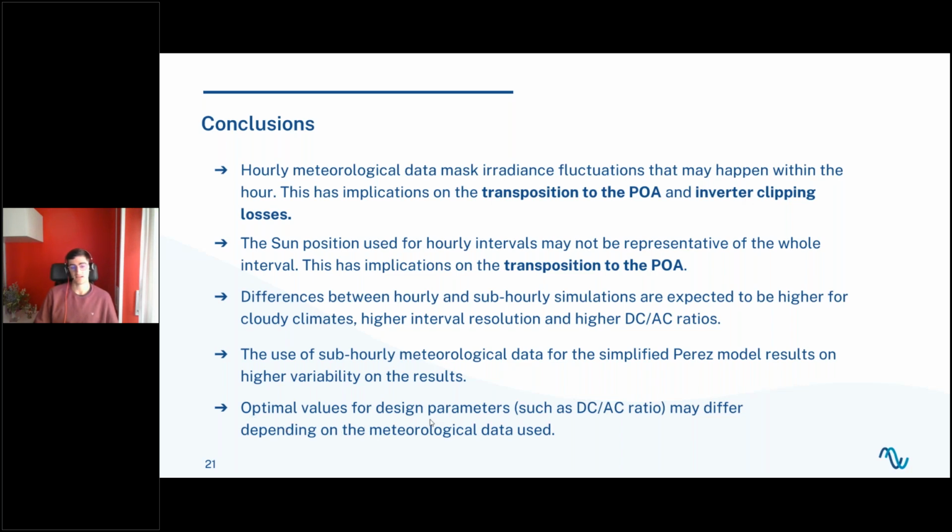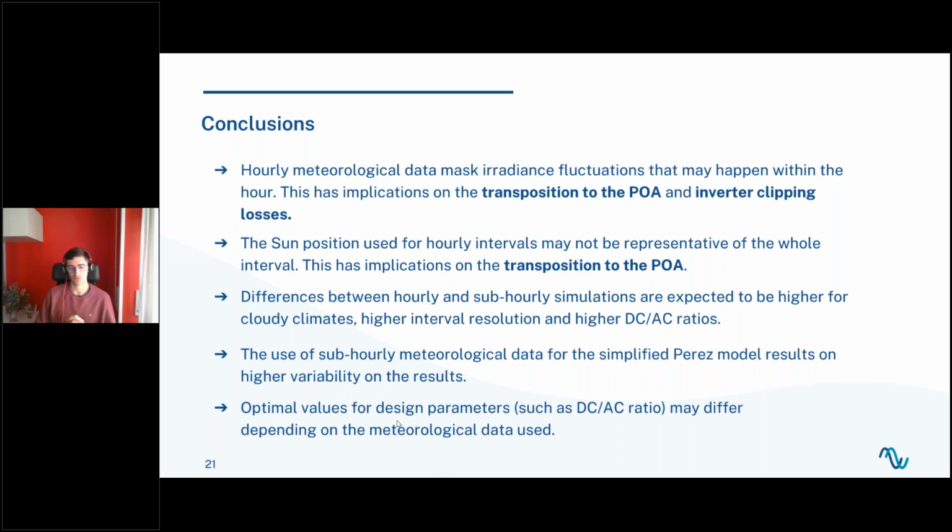And lastly, that there will be some optimal values for the design parameters, such as the DC-AC ratio, that may differ. The optimal value that we get may differ depending on the meteorological data used. If we are calculating the optimal DC-AC ratio with sub-hourly simulations, we may get a lower value than if we calculate it for an hourly simulation.